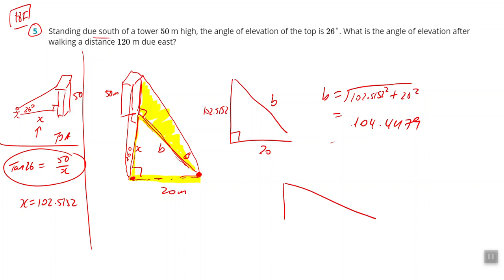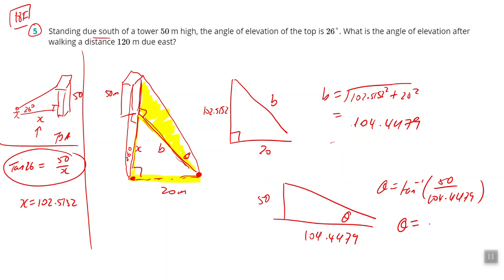If I draw that triangle, I should get B, which is 104.4479. The tower's 50 meters. Trying to work out that angle, that angle must be the inverse tan, opposite over adjacent. Inverse tan of 50 on 104.4479. So theta equals, let's work out what that is.